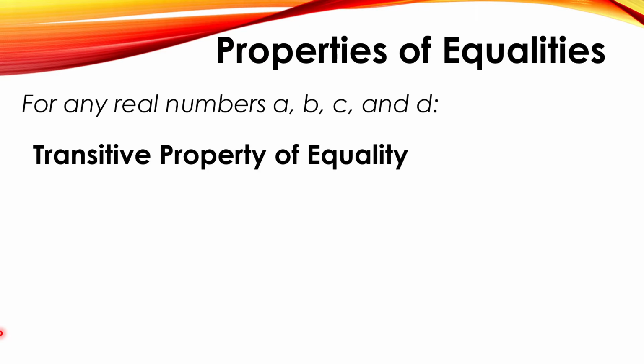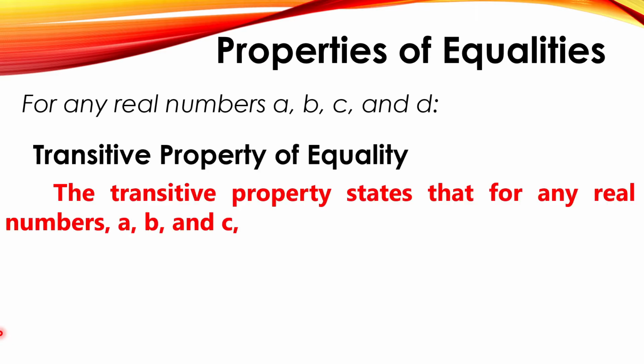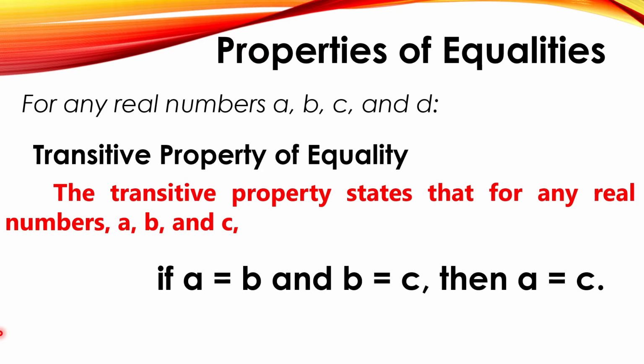And transitive property of equality states that for any real numbers a, b, and c, if a is equal to b and b is equal to c, then a is equal to c. So for example, if 2 is equal to 2 and 2 is equal to 2, then 2 is equal to 2.